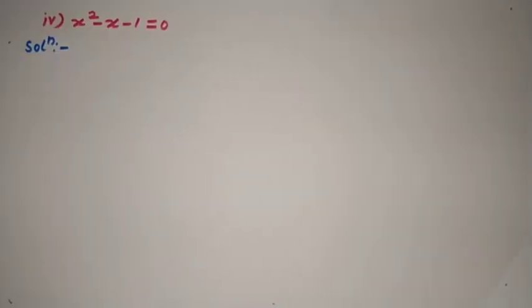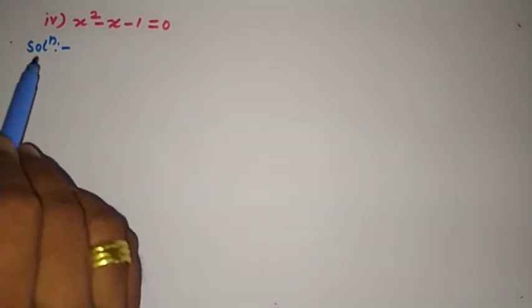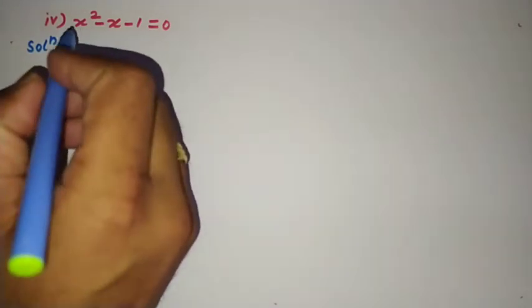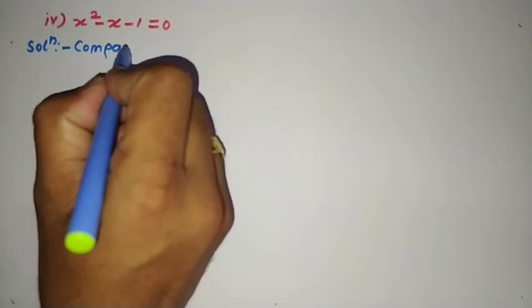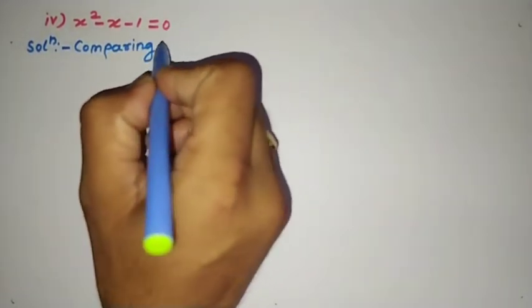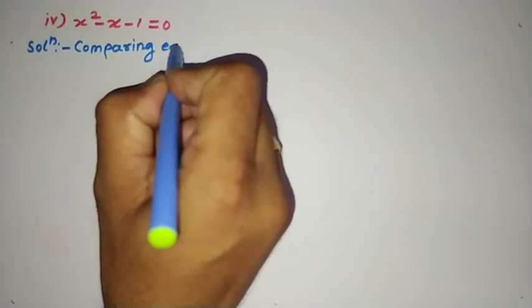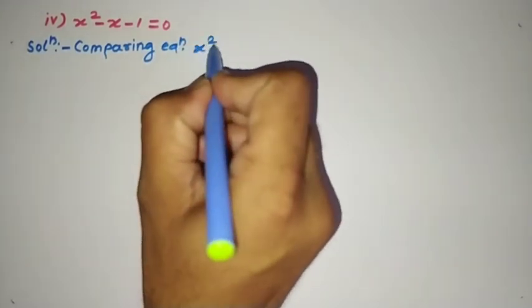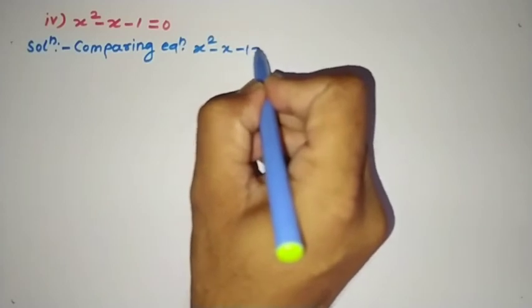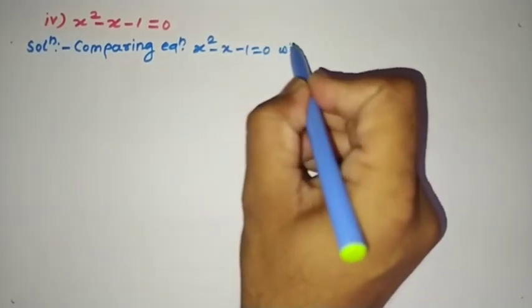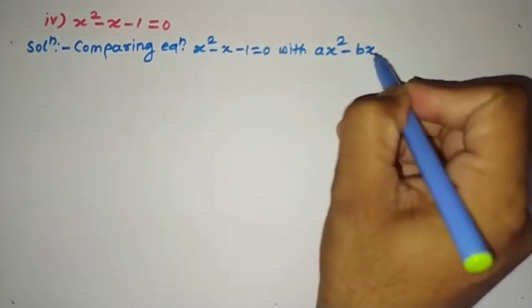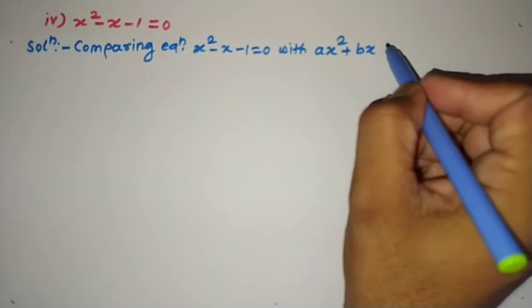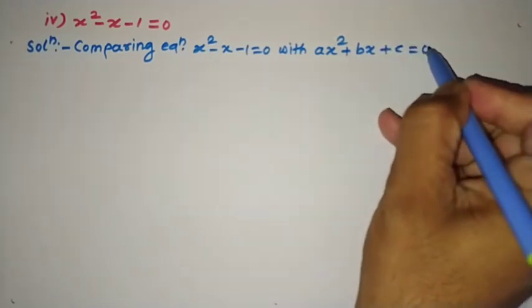Next, example number 4. Determine the nature of the roots of the given quadratic equation. First, comparing the equation x square minus x minus 1 is equal to 0 with ax square plus bx plus c is equal to 0.